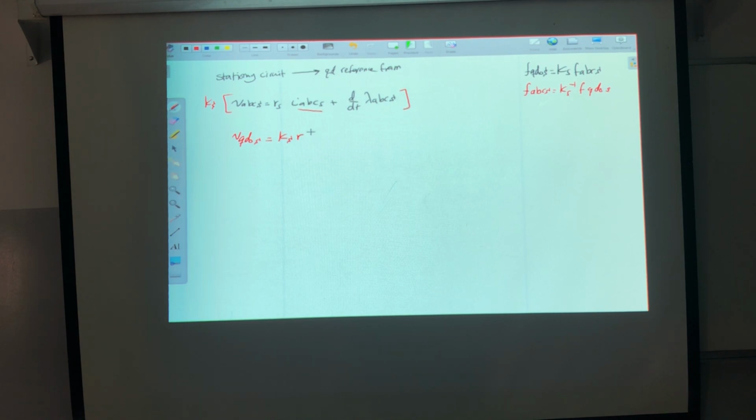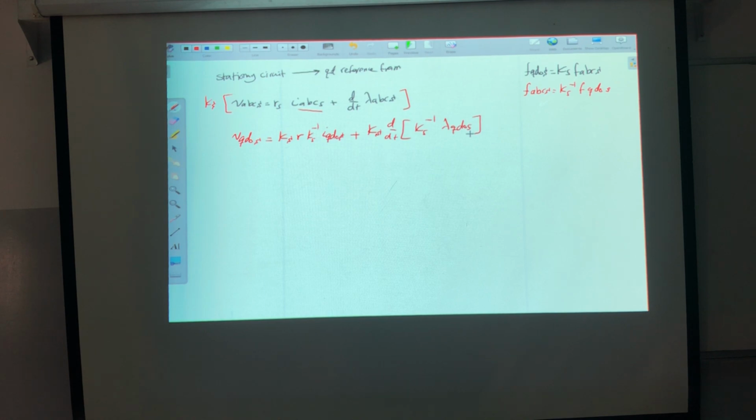So here I put KS inverse IQD0S, plus KS d by dt of KS inverse lambda QD0S. Straightforward. Direct path. The shortest line.